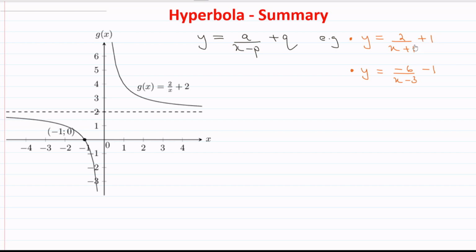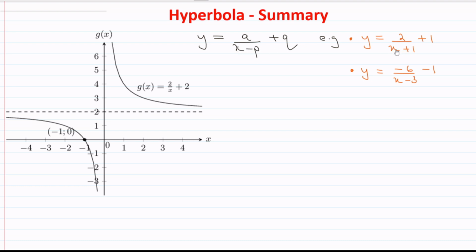You can find the value of p. Our p in this case is -1. I will explain that one. Why do we see a +1 here, but I'm saying that p is -1? Because the standard equation uses an x minus p.